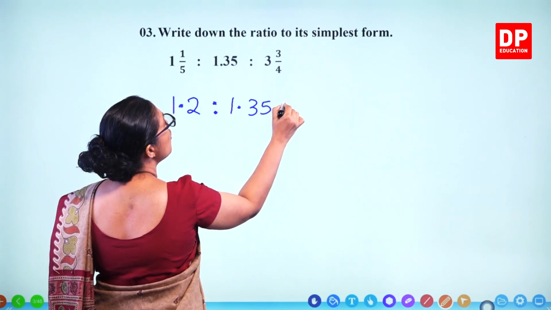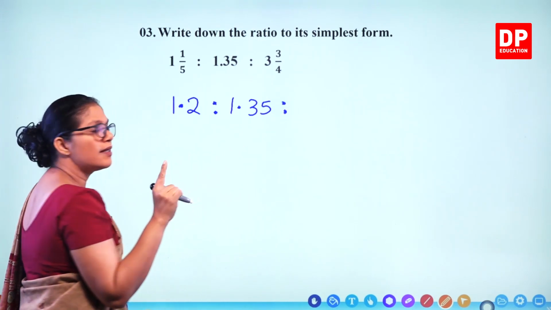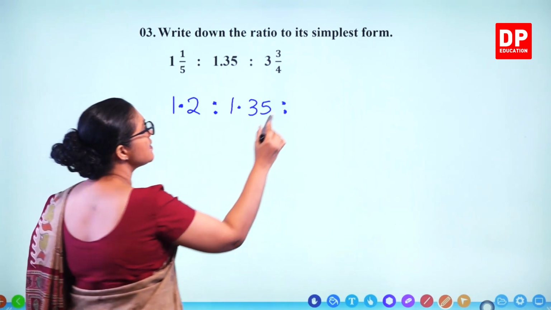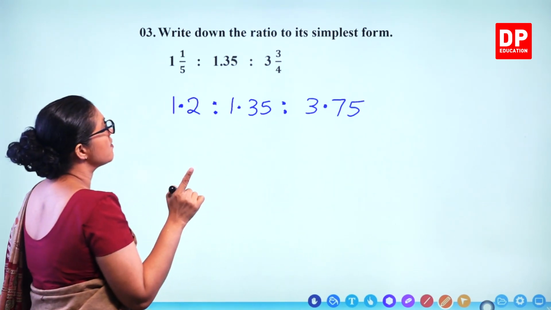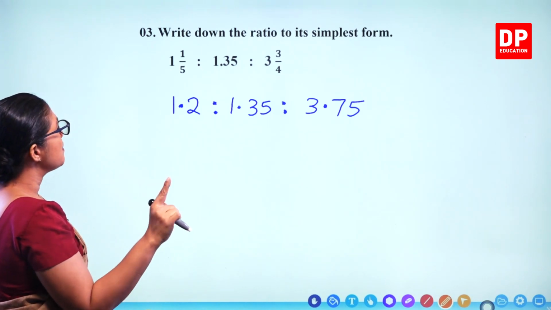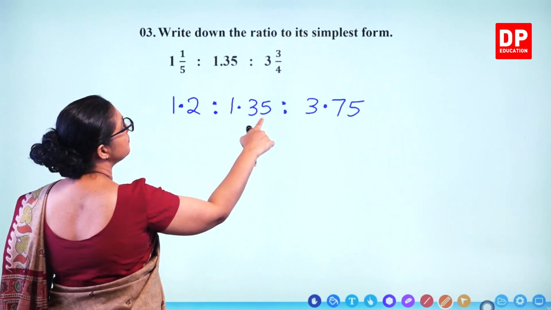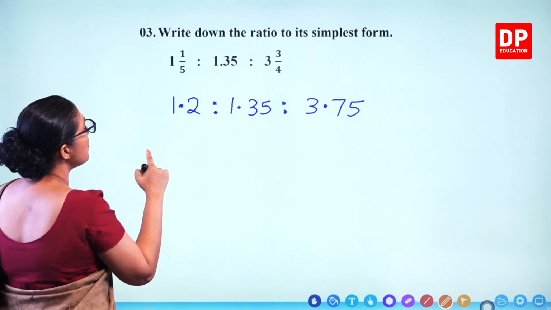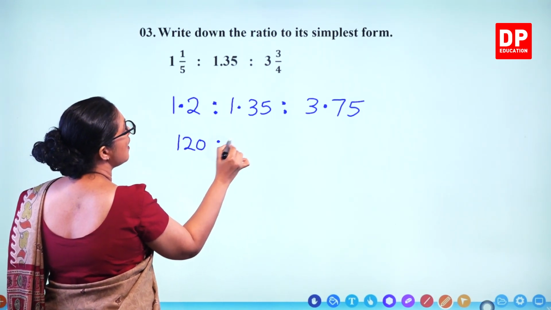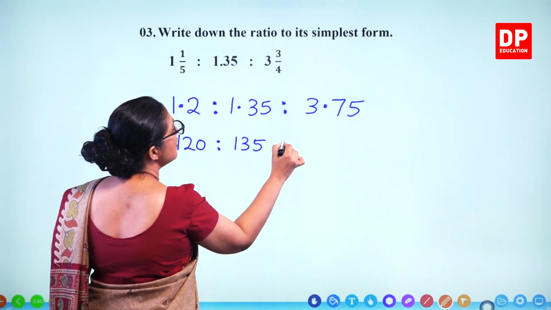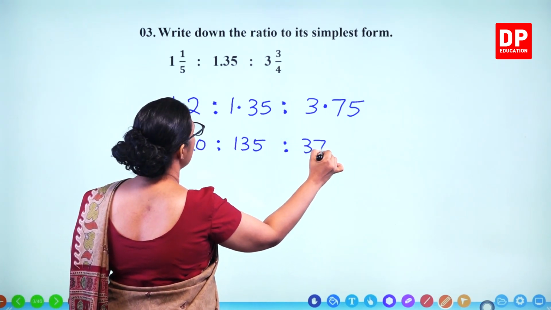What does 3 over 4 mean? 0.75, 3.75. So convert everything to decimals and then multiply by 100. You get 120, 135 and 375.